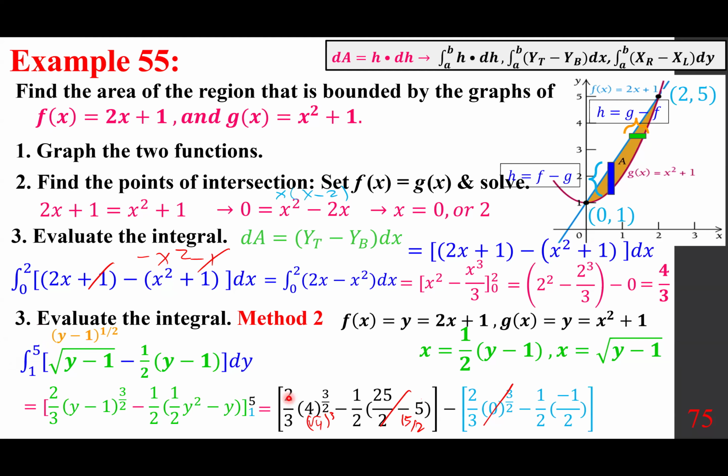So we have 2/3 times 8, 16/3, minus 1 half of 15 halves, minus 15/4, minus 1/4. They add up to 16/12, or 4/3. They are the same. This was easier to calculate. So a quick recap.